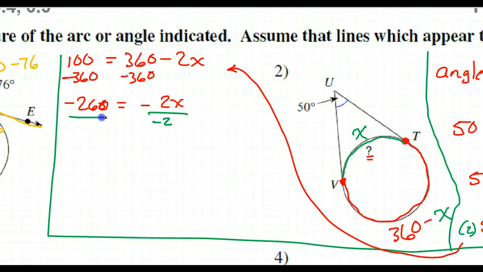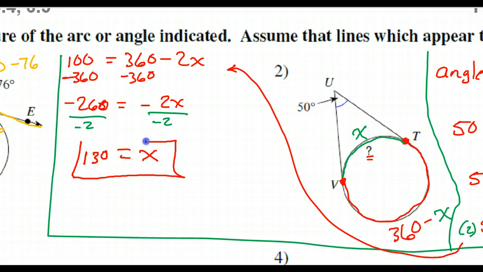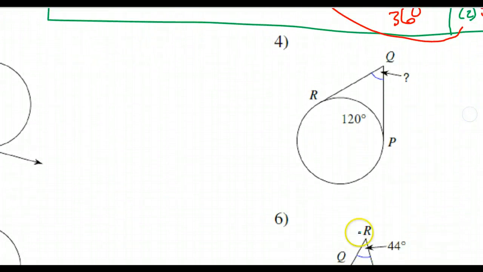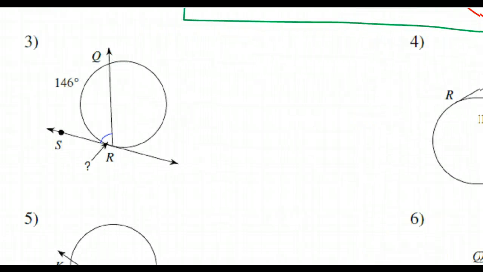Divide by negative 2, divide by negative 2. So that's going to give me x is equal to positive 130. And that is how you do that. See, that was a little tricky, but it is not out of your ability range.